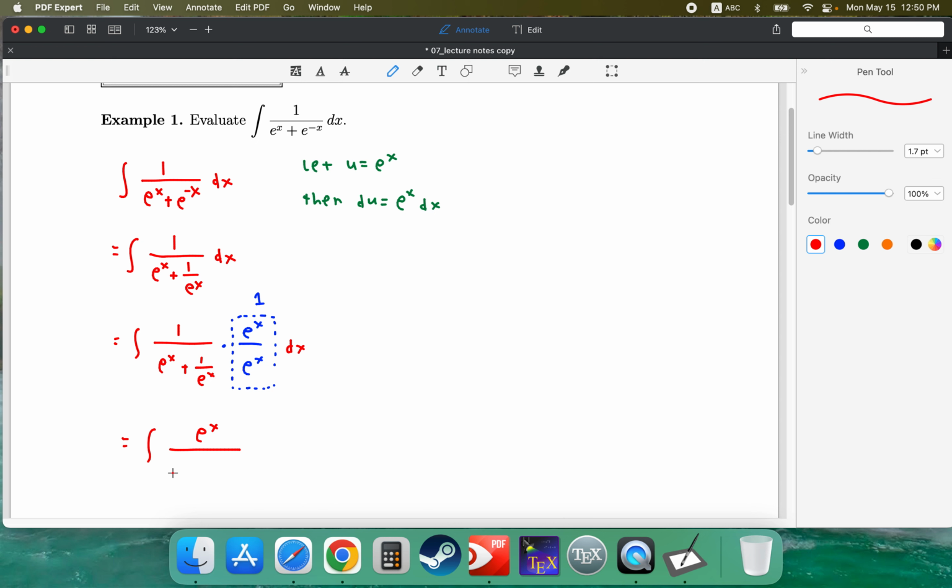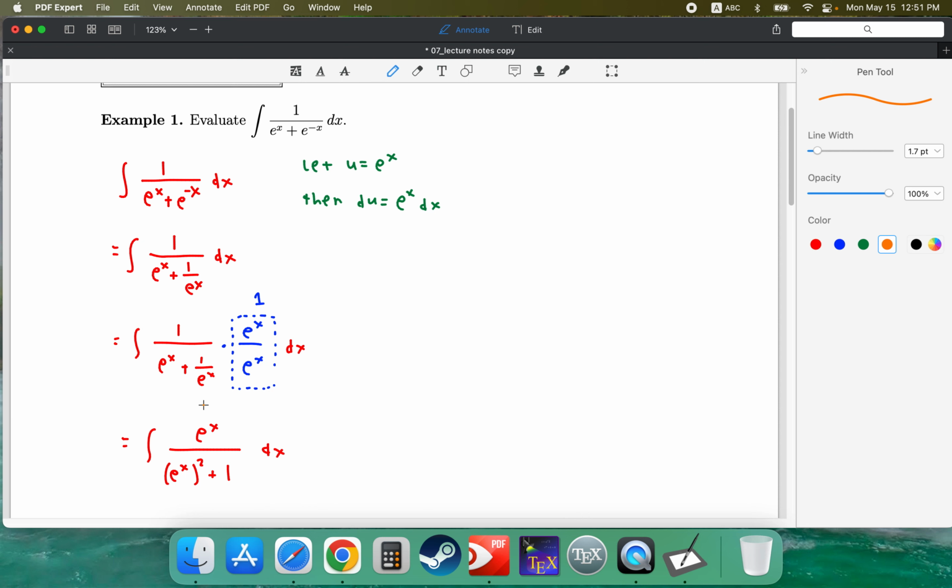So this will become e to the x squared. And 1 over e to the x times e to the x is just 1. So by using this idea, I multiply by 1, and I rewrite 1 as e to the x over e to the x. I didn't change the value, but I did change what it looks like.